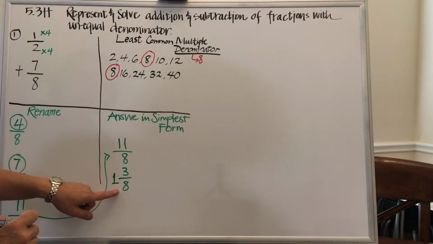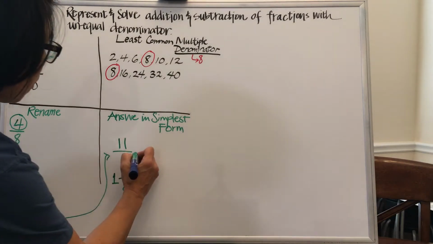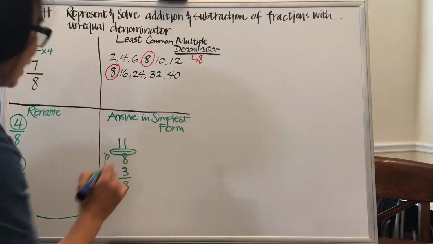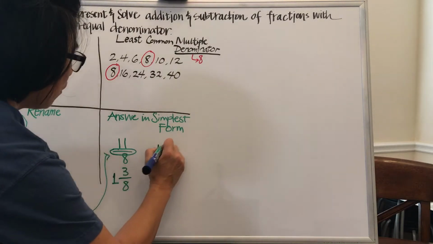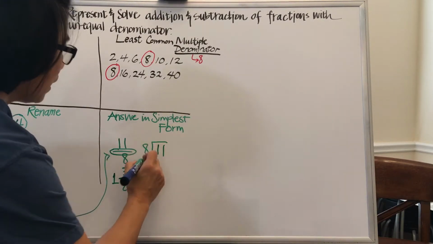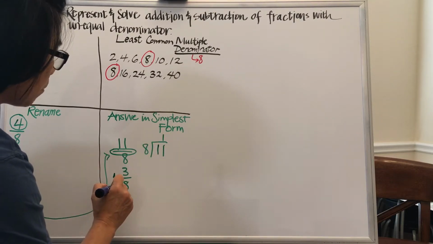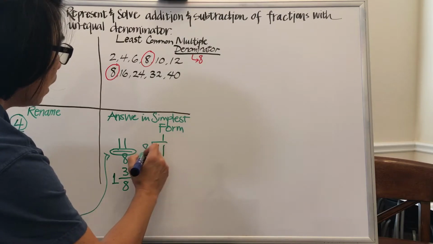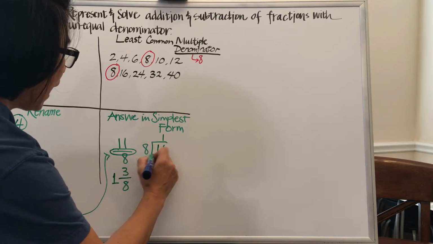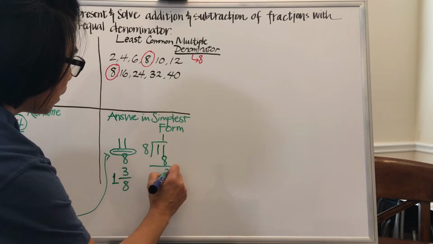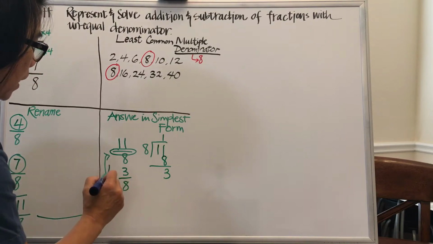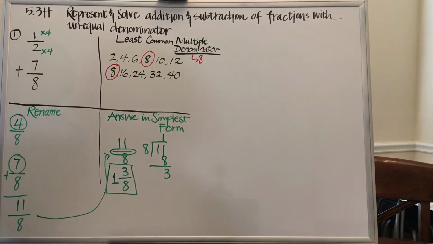So in order to find 1 and 3/8, you can also treat this as a division problem. 11 divided by 8. 8 goes into 11 one time, and there's my mixed number 1. There is one group of 8, and there is 3 remaining. So therefore 1 and 3/8 is my answer.